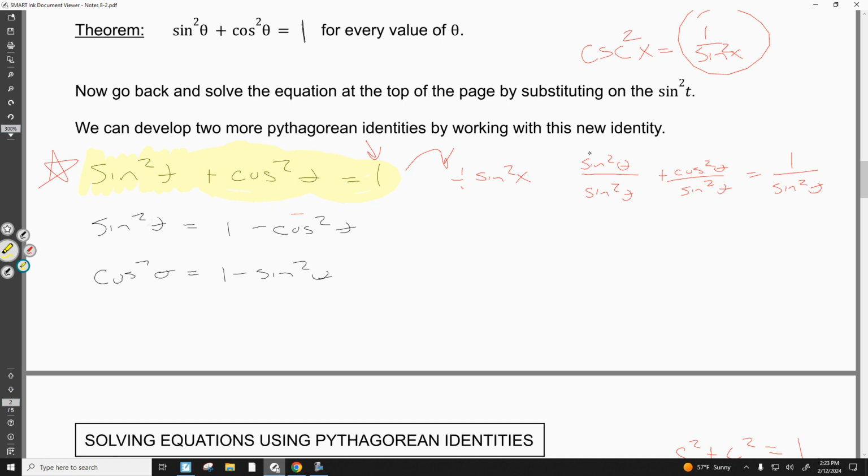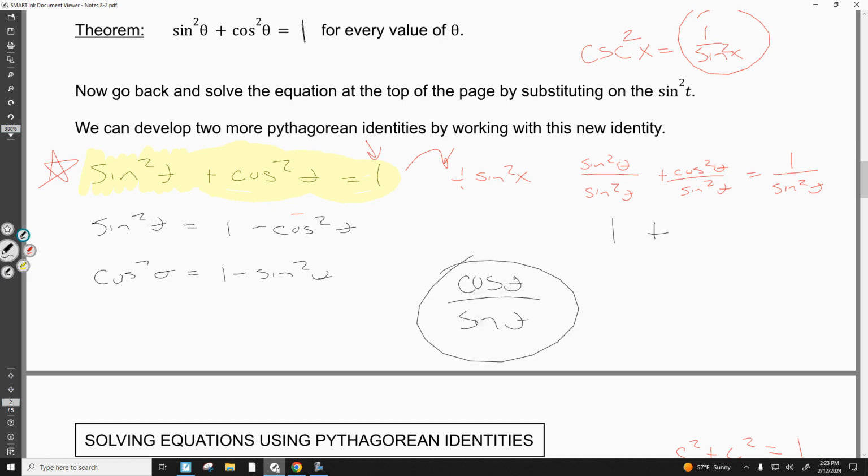Sine squared over sine squared turns into what? What does cosine squared divided by sine squared turn into? Tell your neighbor. Leifner, what does cosine over sine equal? What's cosine over sine?